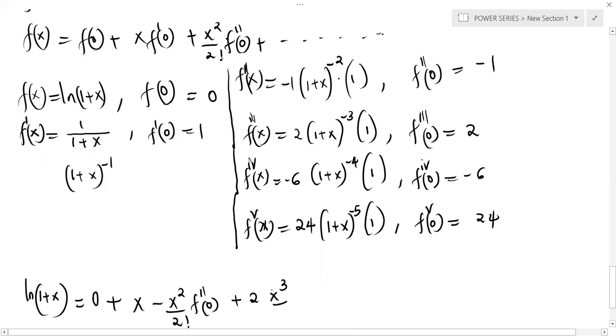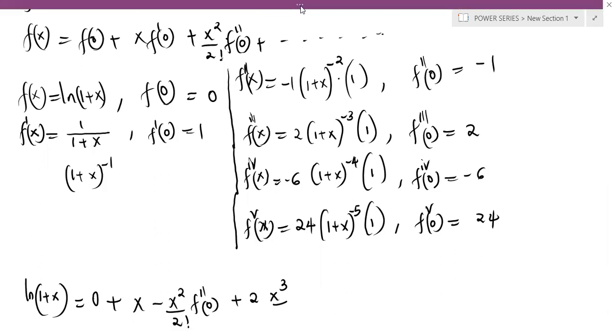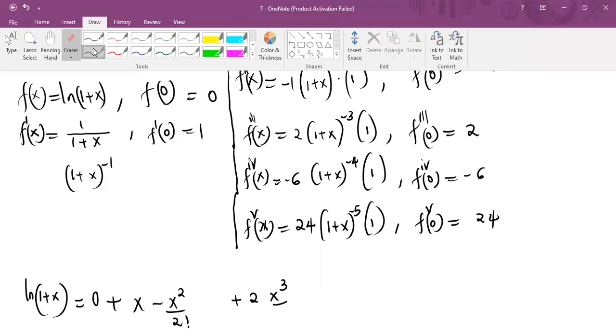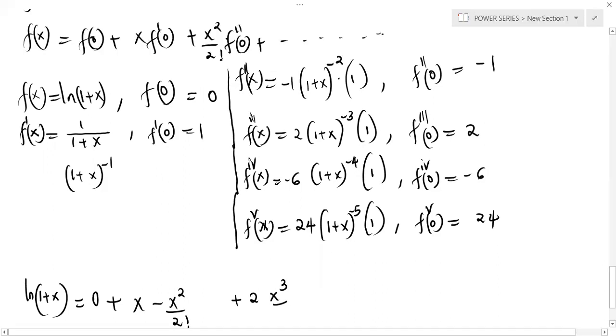Oh, just a minute. So this is x squared over 2 factorial. We've already replaced f double prime of 0, which is minus 1, so I don't need to write that. So next term, we have our f third prime, which is 2, times x cubed over 3 factorial.